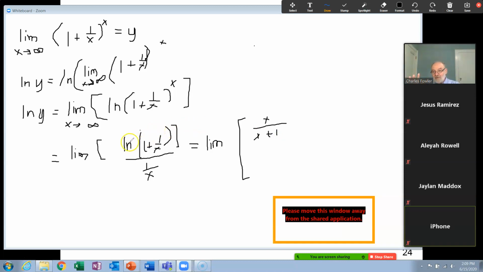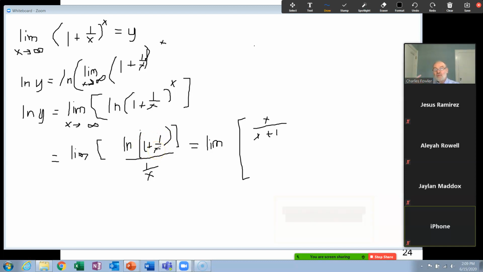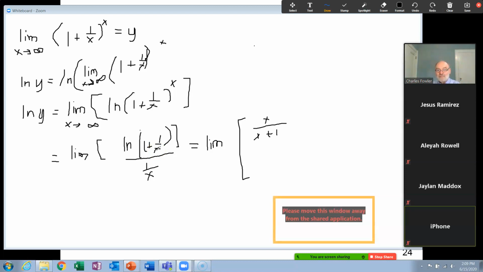Derivative of a log is 1 over the argument. So 1 over, and the argument down here is x plus 1 over x. So 1 over x plus 1 over x is the reciprocal of that, which is x over x plus 1.